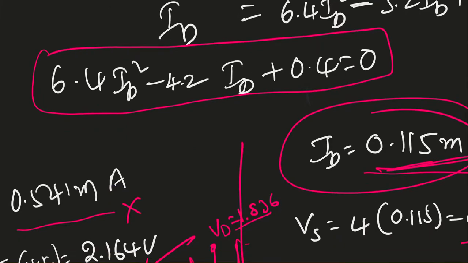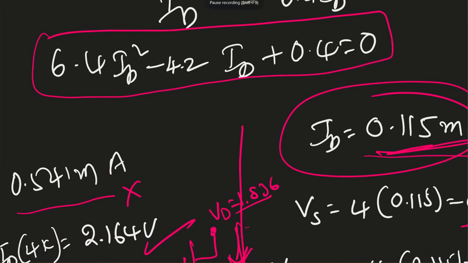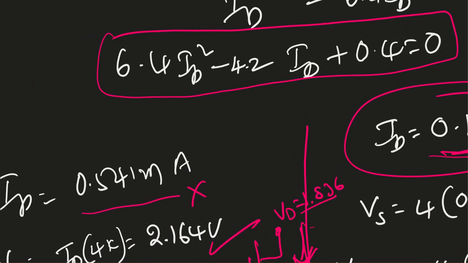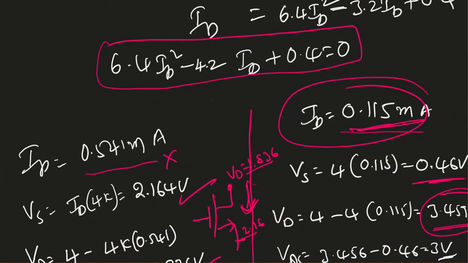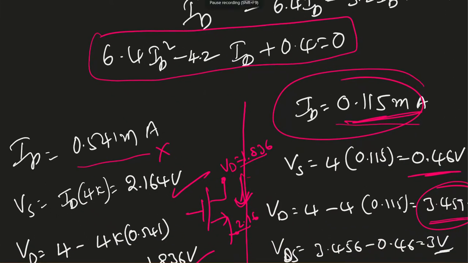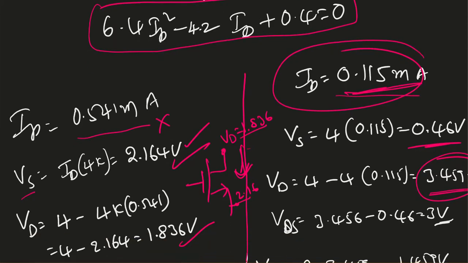Once I have this quadratic equation, I end up with two values. One is ID equal to 0.541 milliampere, the other ID equal to 0.115 milliampere. Substituting the ID value to find Vs, I found Vs equal to 2.164 volt and Vd equal to 1.836 volt.